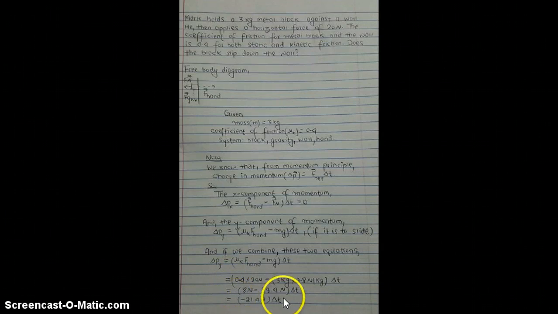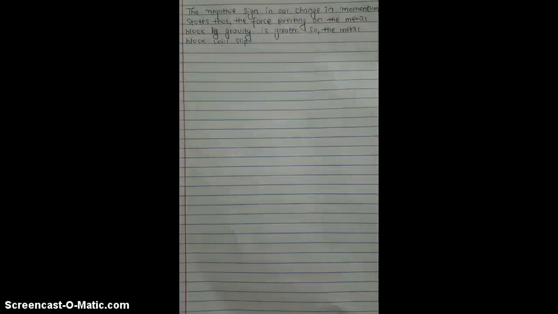Delta t doesn't change the sign that we obtain here, and the sign here plays a very significant role. The negative sign in our change in momentum states that the force exerted on the metal block by gravity is greater.